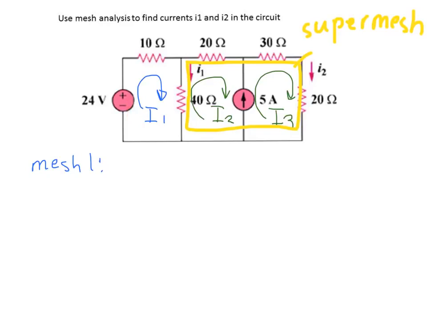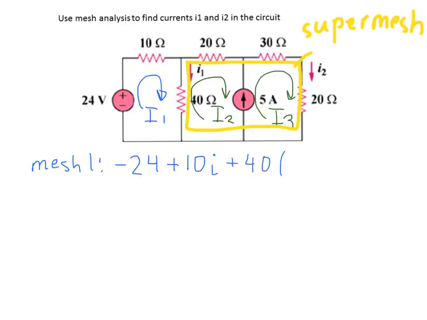We are moving from minus to plus, so we put negative 24. Then continue going through the 10 ohm resistor, plus 10 I1, mesh current I1. Then we have plus 40.